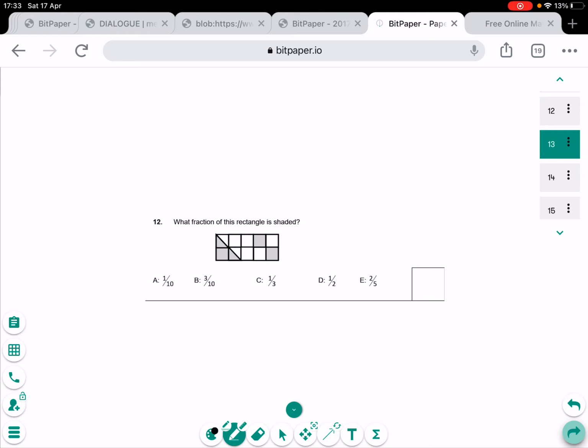Question 11. What fraction of this rectangle is shaded? So it says 10 boxes, 10 squares, sorry, I just like to call them boxes.